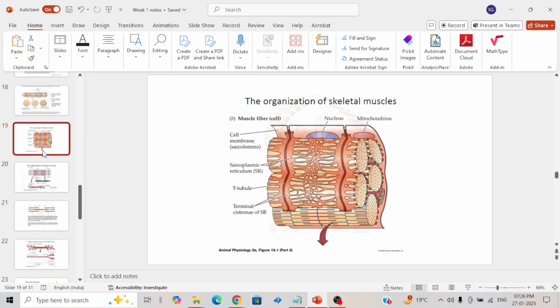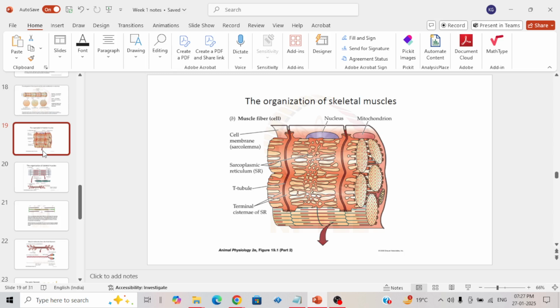Apart from that, what is the function of a T tubule? After depolarization occurs, the signal is passed to the DHP receptor, and they open the ryanodine receptor for calcium. If we want to know the function of the T tubule in a single line, what will we say?